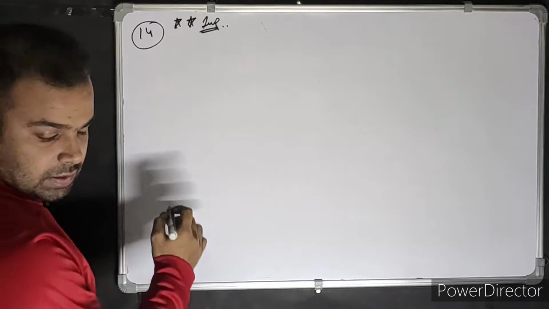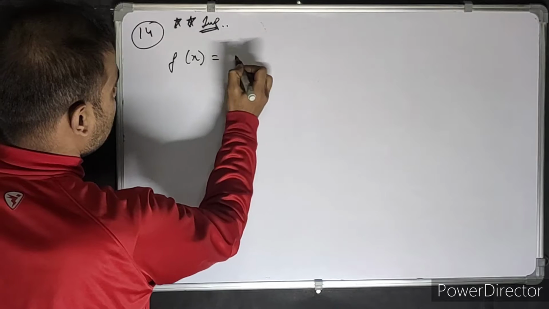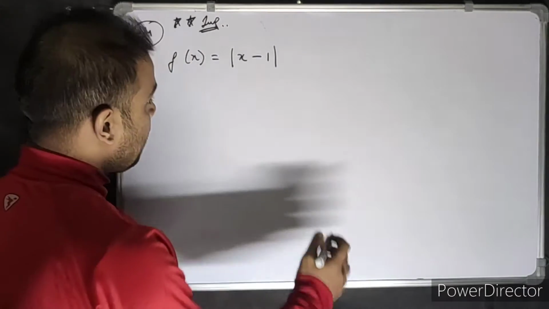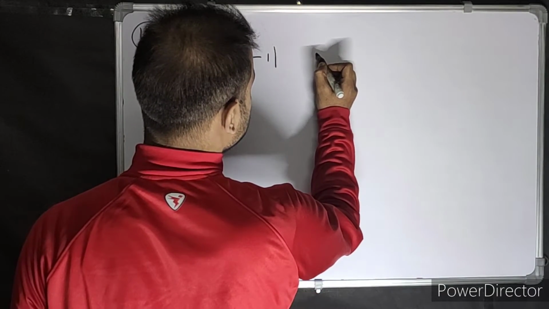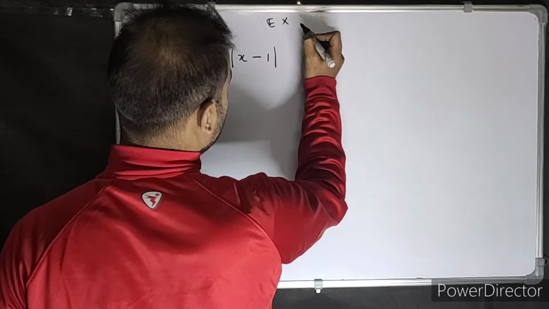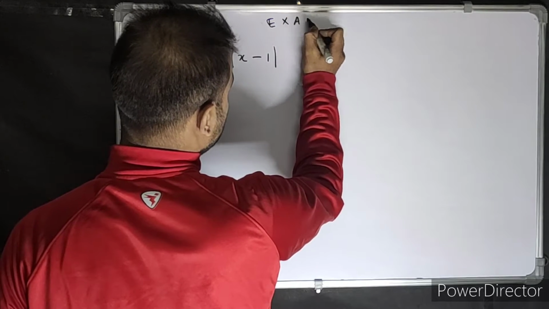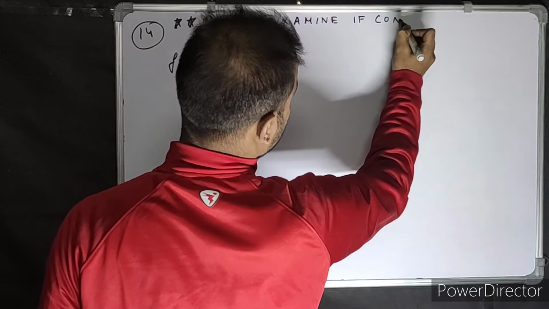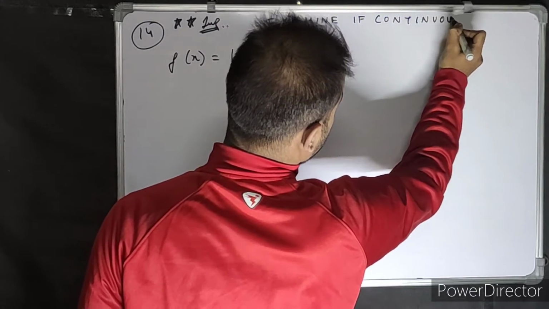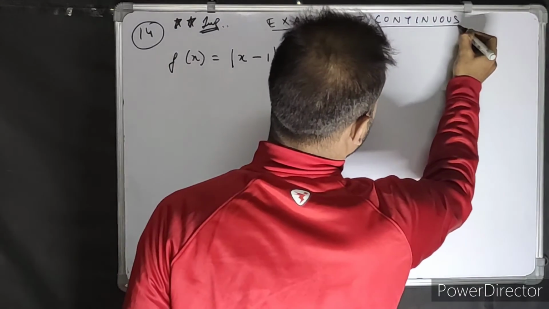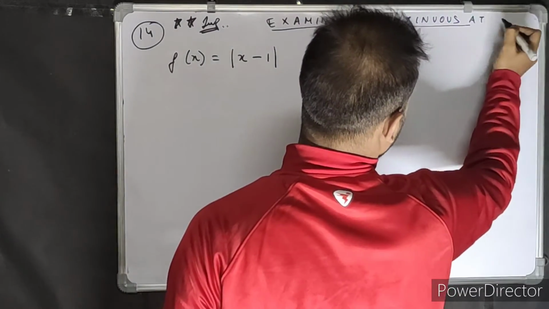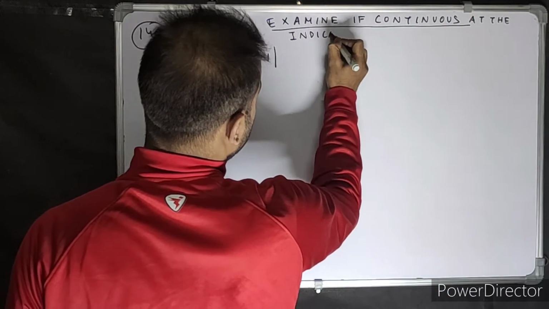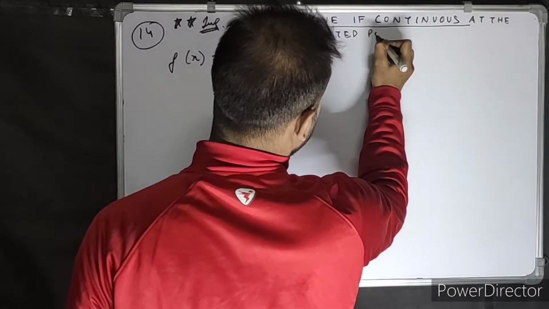Question number 14 says f of x is defined as mod x minus 1, and you have to examine if continuous at the indicated points.